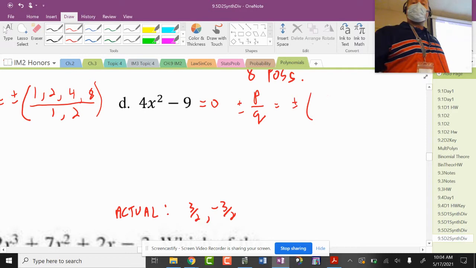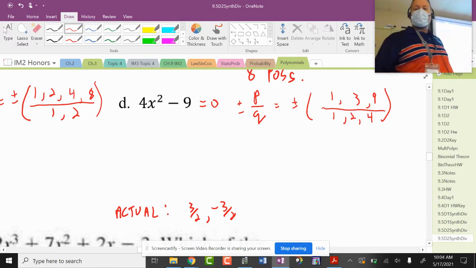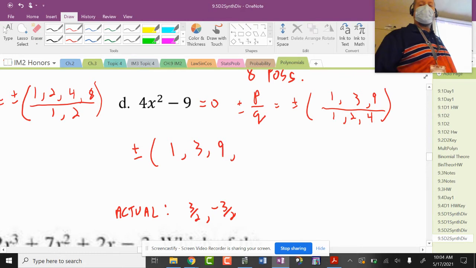First of all, the factors of 9 are 1, 3, and 9. The factors of 4 are 1, 2, and 4. Right? There's only that. You only have a constant and a leading coefficient. There's only 2 terms. Taking care of the whole numbers, 1, 3, 9 over 1.